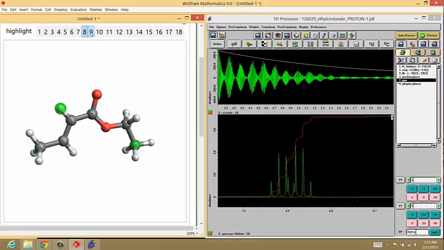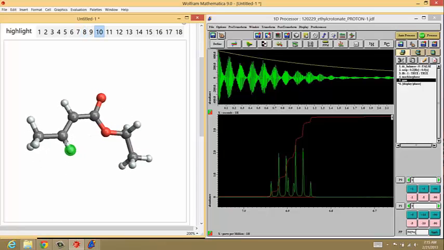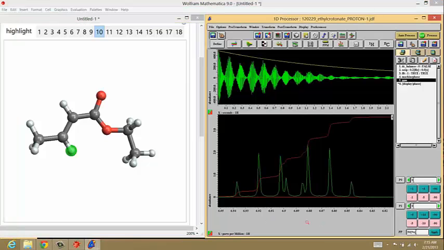Likewise, if we take a look at this peak here, this hydrogen, we see that it's got one neighbor, which is going to split it into a doublet, and then another set of neighbors, which is going to split it into a set of 4 peaks. And we look at here, and we can see that that's probably what's happening.